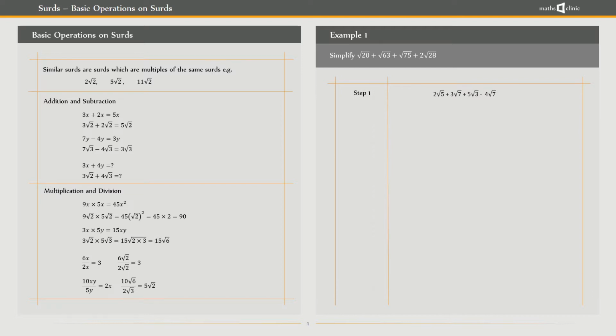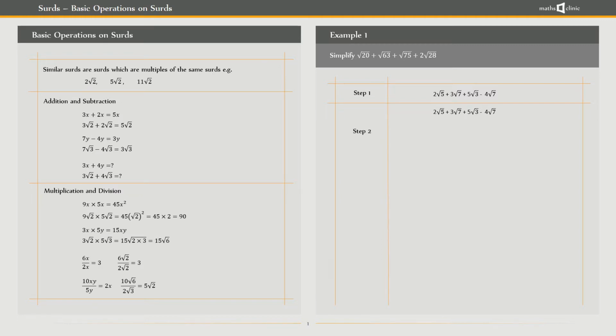So you have 2 root 5 plus 3 root 7 plus 5 root 3, and then 2 times 2 root 7, i.e. 4 root 7. The next thing is to simplify this: 2 root 5 plus 3 root 7 plus 5 root 3 minus 4 root 7. Just as in algebra, if you have 5x plus 3y plus 5z minus 4y, you bring the y's together.